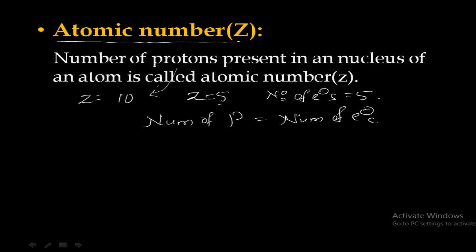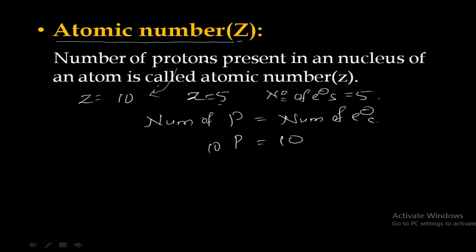Suppose the number of electrons is 10, then the number of protons is also 10. Thus we can say the atomic number is defined as the number of protons, but we can understand that in an atom the number of electrons is also equal to the number of protons.